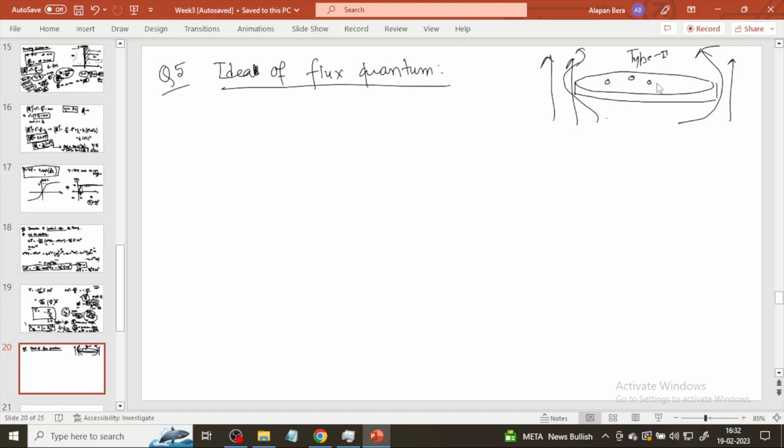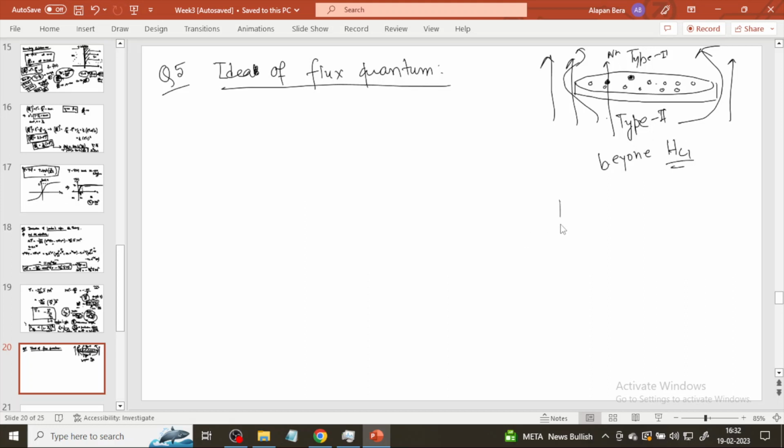The small vortices of normal metal get generated inside the superconductor, and that is why the magnetic field can exist inside this normal metal or these vortices. That is how the magnetic flux appears inside a type 2 superconductor when we go beyond HC1, the first critical field.